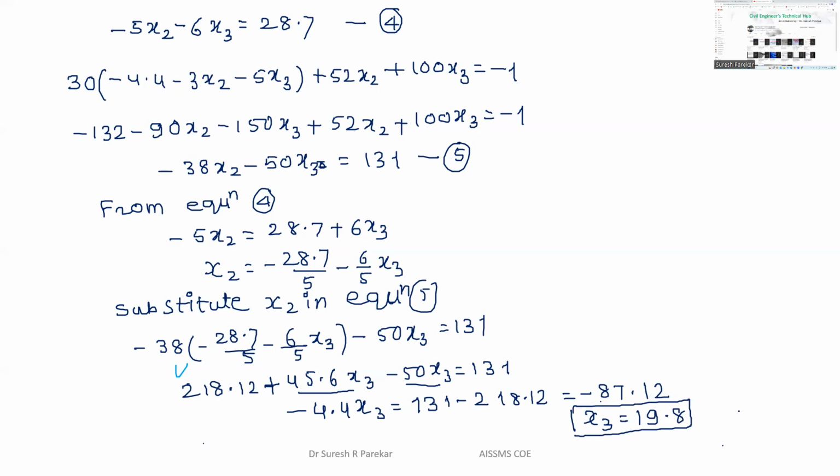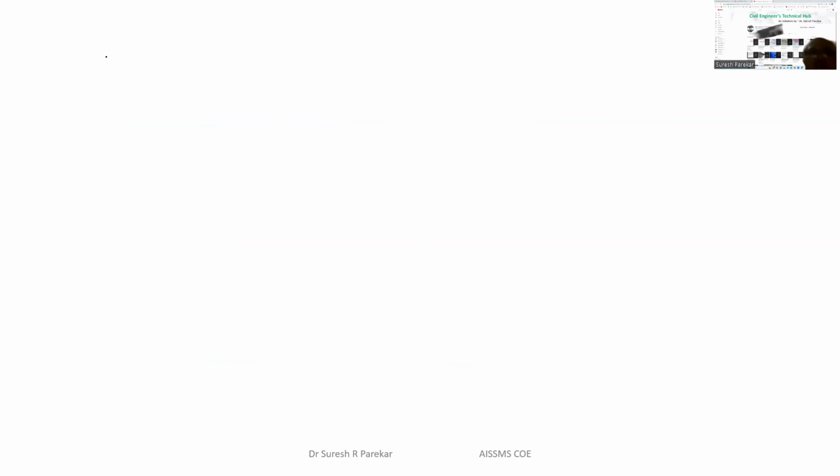Substitute in equation 4. Now you can see we have equation 4, minus 5x2 minus 6x3, and that is equal to 28.7. Now we will substitute the value of x3.